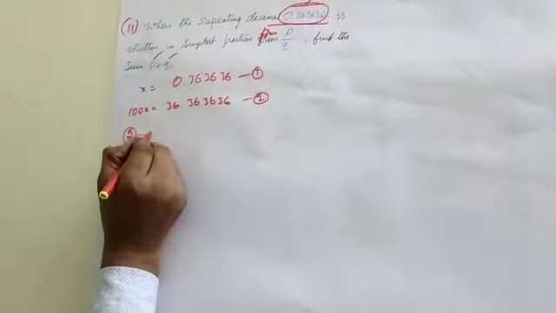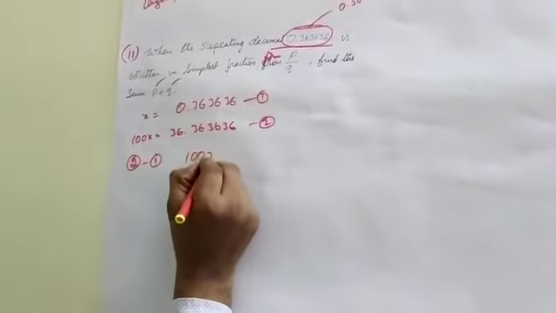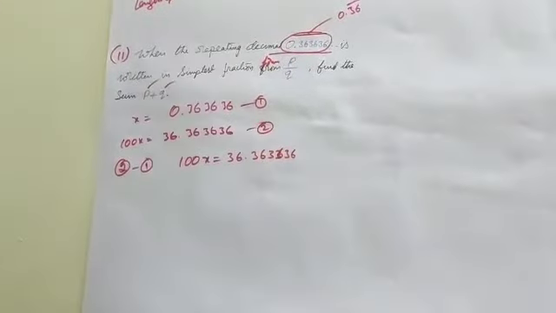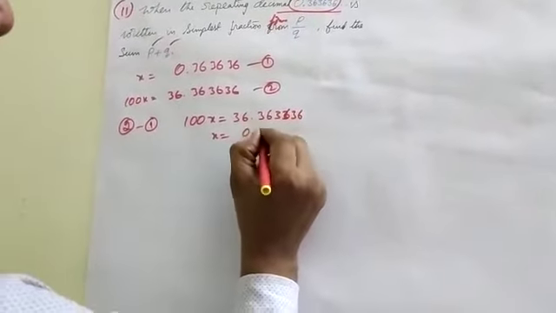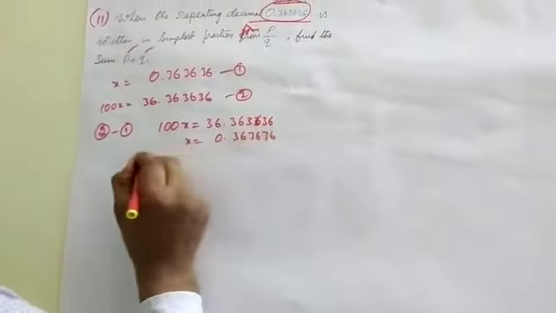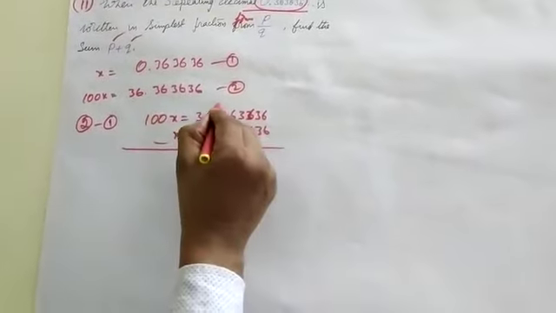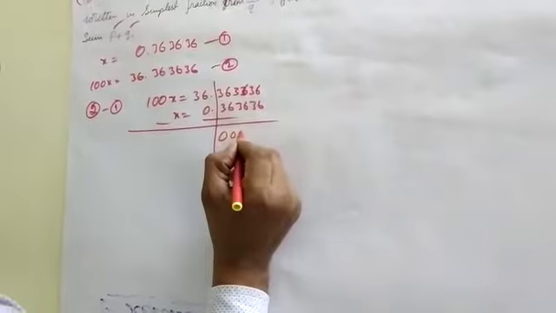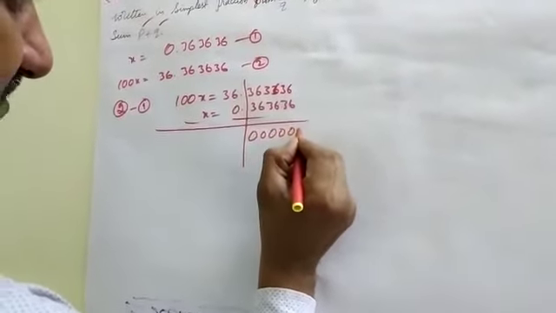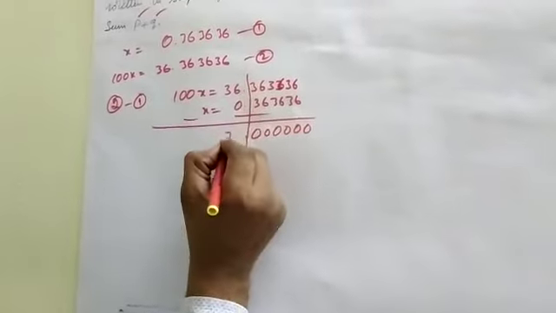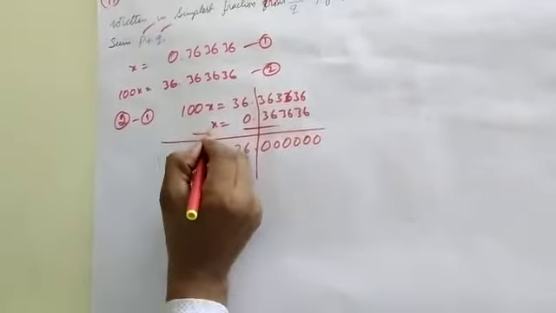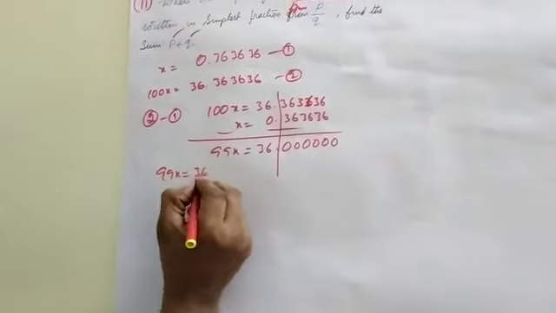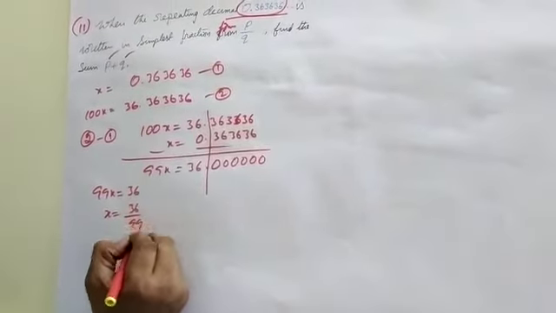Therefore equation 2 minus equation 1. Subtracting: 3 minus 3 is 0, 6 minus 6 is 0, and so on. So 36 is equal to 100x minus 1x, which is 99x. Therefore 99x is equal to 36, therefore x is equal to 36 by 99.